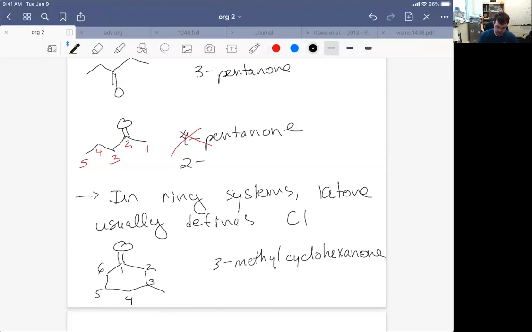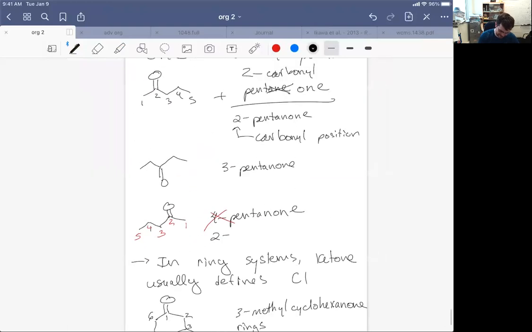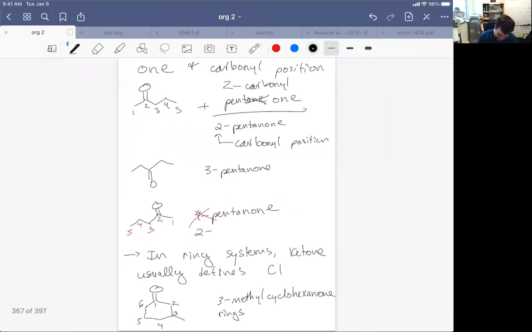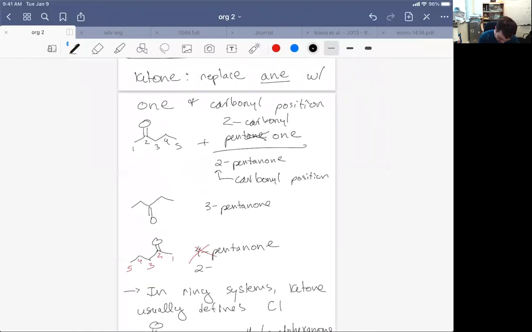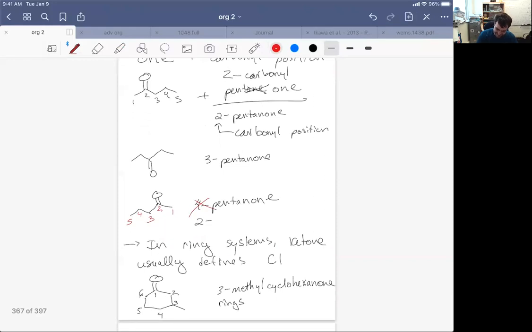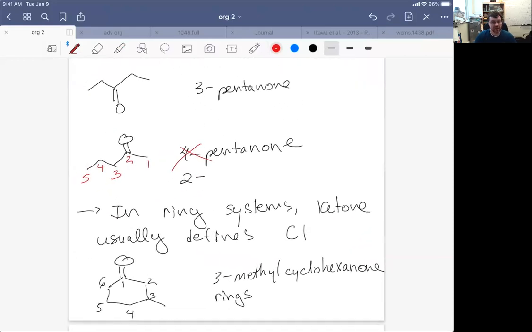Okay, so with rings, I guess we don't, shoot, I screwed that up. I screwed it up last year too when I did this. Just a quick correction here. We don't replace the A and E, we just replace the E only. I missed that last year too. Oh my gosh. Okay, sorry, I forgot that. I don't have a good excuse other than I just, after I tell you guys about IUPAC stuff, sometimes I don't think about it all the time.